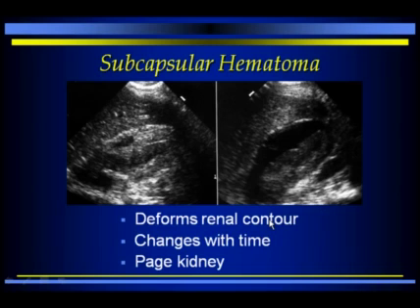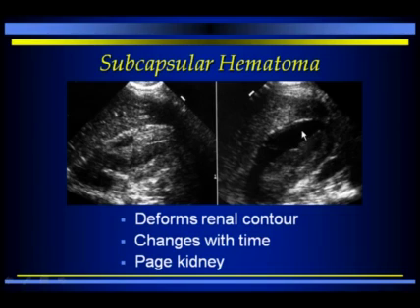Okay, moving now to some other things we see in the kidneys, subcapsular hematoma. So this can be seen post-trauma, it can be seen in people on anticoagulation, and it can be seen with people who have tumors that bleed. So you have to be careful, thinking about what the cause of the bleed is. But here's the kidney, and here we see early on a very echogenic lenticular-shaped collection, which is compressing the kidney. It deforms the renal contour, and it changes with time.